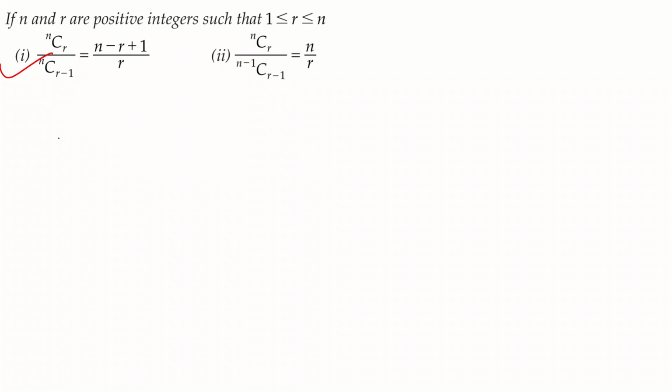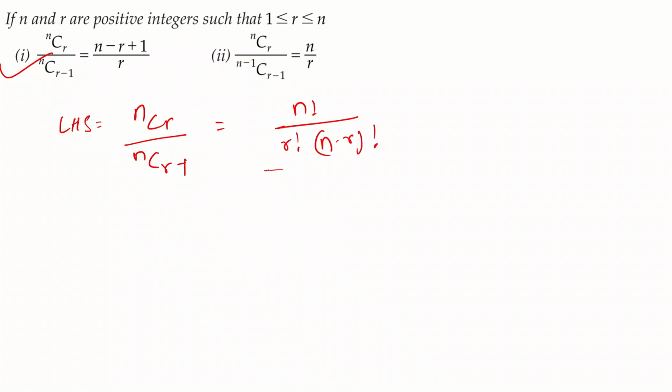Okay, so let's start with the left hand side. In the left hand side we have NCR by NCR minus 1. So we open up the formula that we know. NCR is n factorial by r factorial (n minus r) factorial, divided by NC(r minus 1), which will be n factorial by (r minus 1) factorial (n minus r plus 1) factorial.